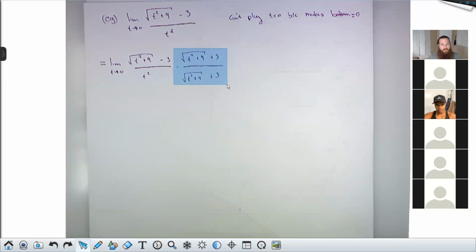I'm multiplying my function by the number 1, just in this really ridiculous form. So multiplying by this doesn't change the value of the function at all. It's still the same function. This thing is equal to this thing, because this thing times 1 is really what I have down here. This whole piece is the same as the piece above because this piece is really just 1.